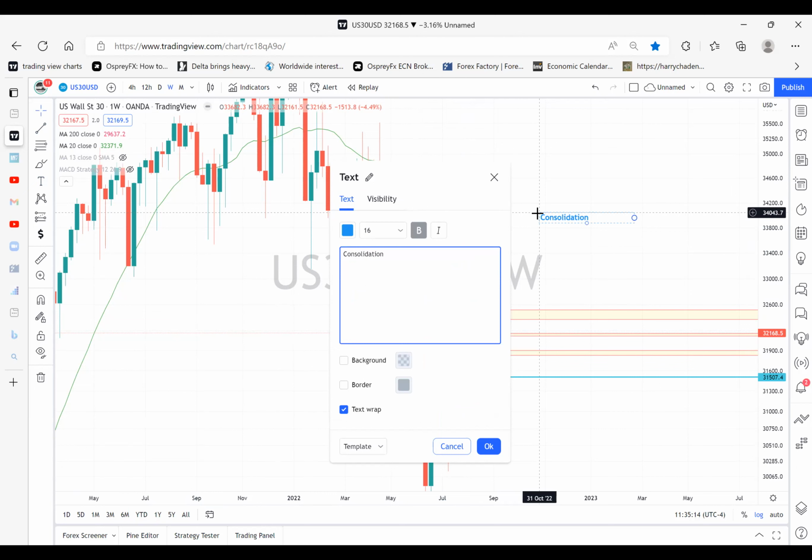After consolidation, you have expansion. After expansion, you want to see a retracement to fill the imbalances, right? And then after it fills the imbalances, you want the market to return to the expansion area.